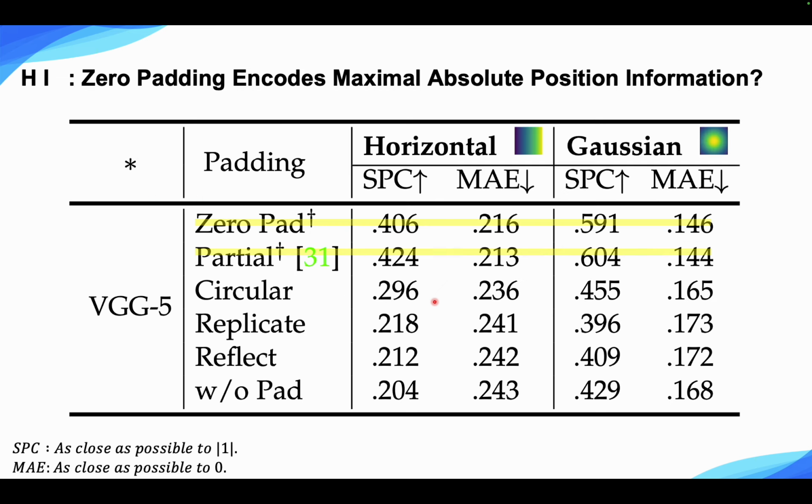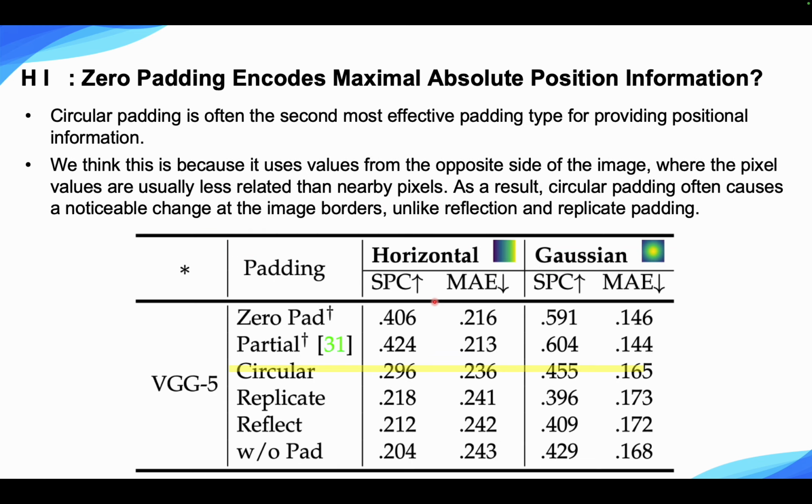So we have now validated the hypothesis that zero padding encodes maximal absolute positional information. Another finding from the figure is that circular padding is often the second most effective padding type for providing position information.